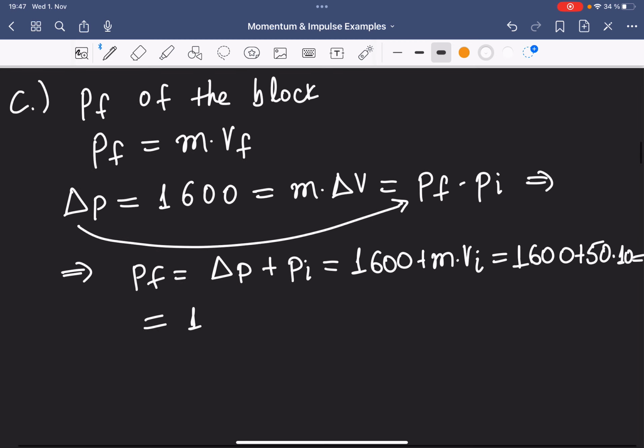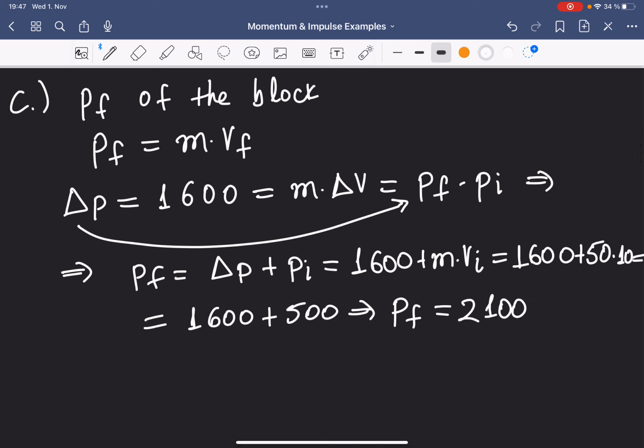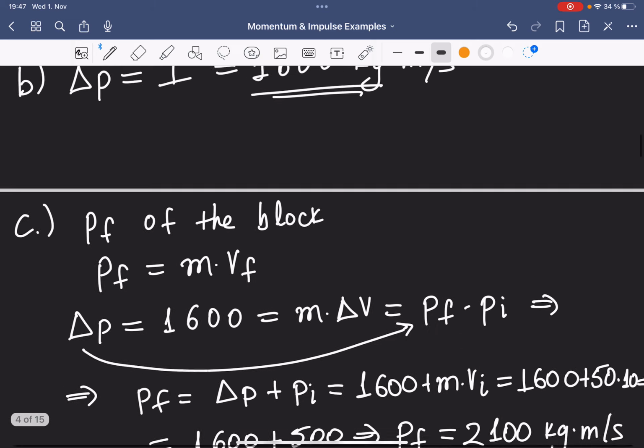And this is going to be 1600 plus 500. Therefore, the PF, the final momentum, is going to be 2100 kilograms times meters per second, and that's for C.